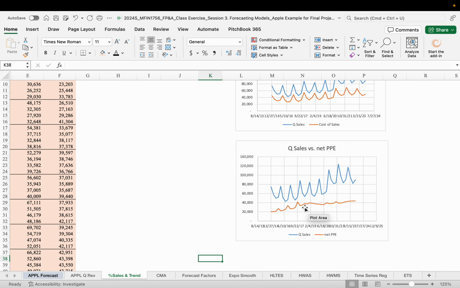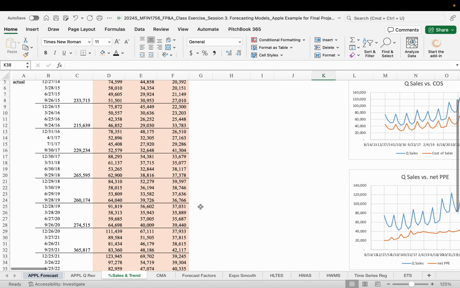Because net property, plant, and equipment has a long-term useful life, 5 years, 10 years, and the company uses this asset to produce the sales, right? So the time span is different. Quarter-based sales have seasonality, but net property, plant, and equipment doesn't have seasonality, only trend, right?